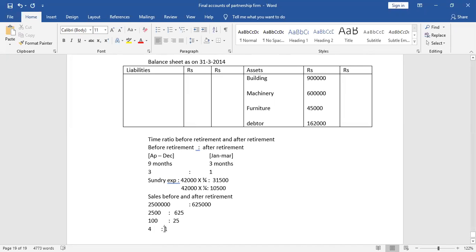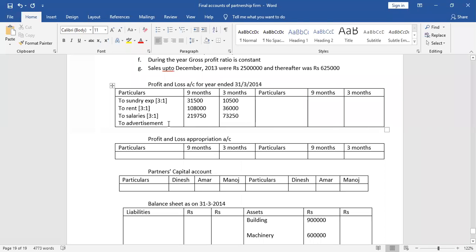So if you want, you can reduce the ratio by dividing by 25. The ratio will be 4:1.